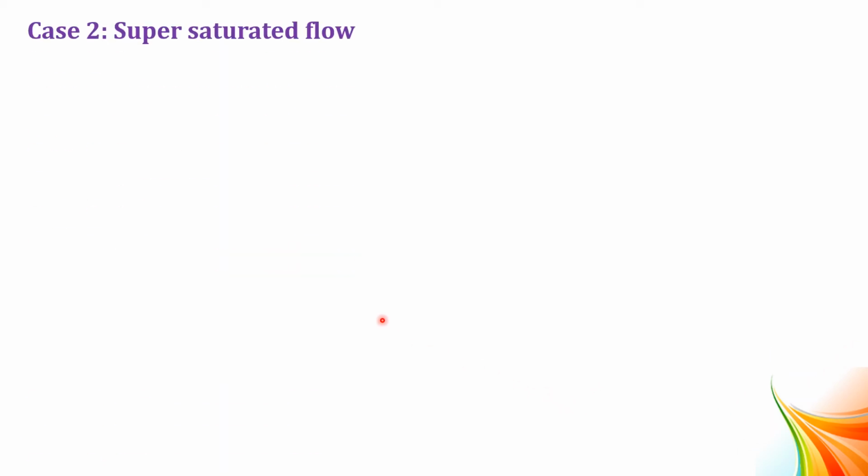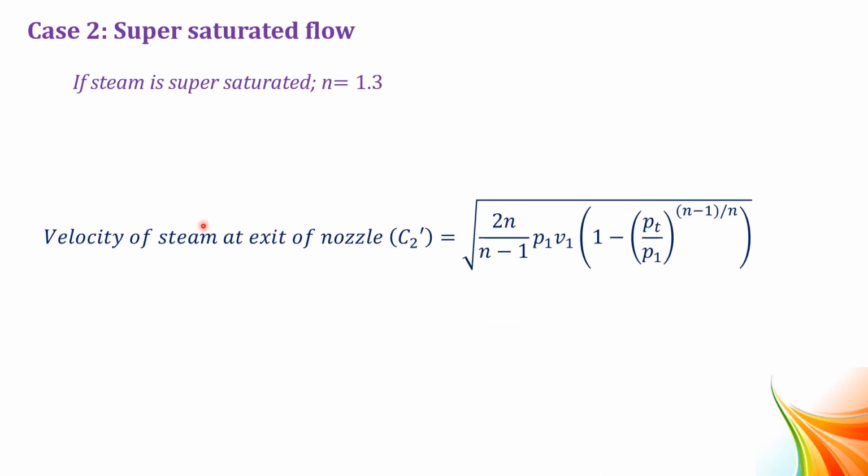If the flow is supersaturated, then the value of n equal to 1.3. The equation for velocity of steam at the exit of the nozzle if the flow is supersaturated is C2 dash equal to square root of 2n divided by n minus 1 into P1 V1 into (1 minus Pt divided by P1) the whole power (n minus 1) by n.